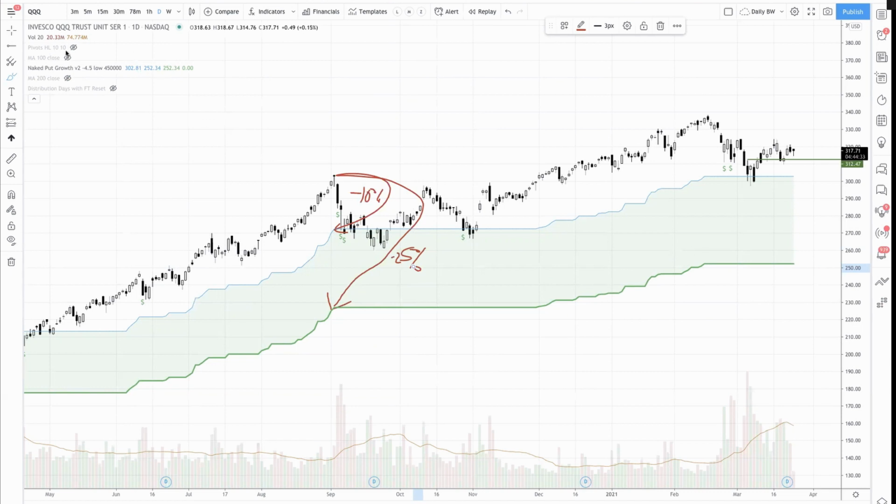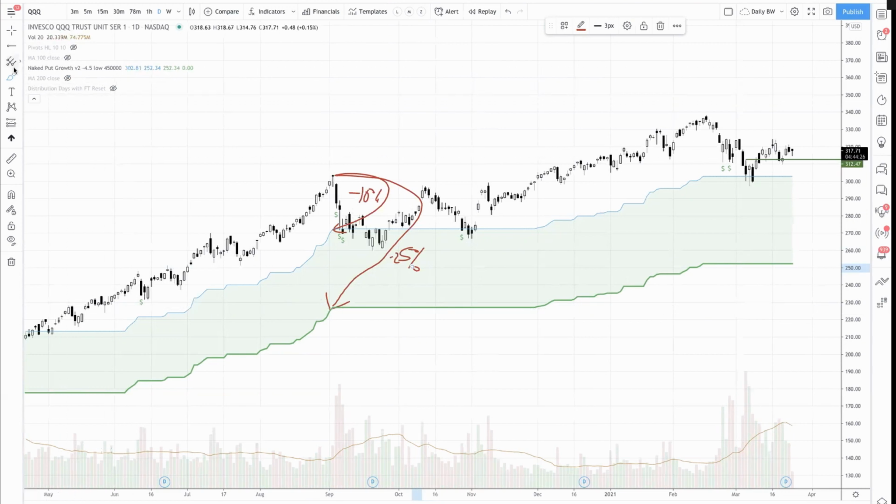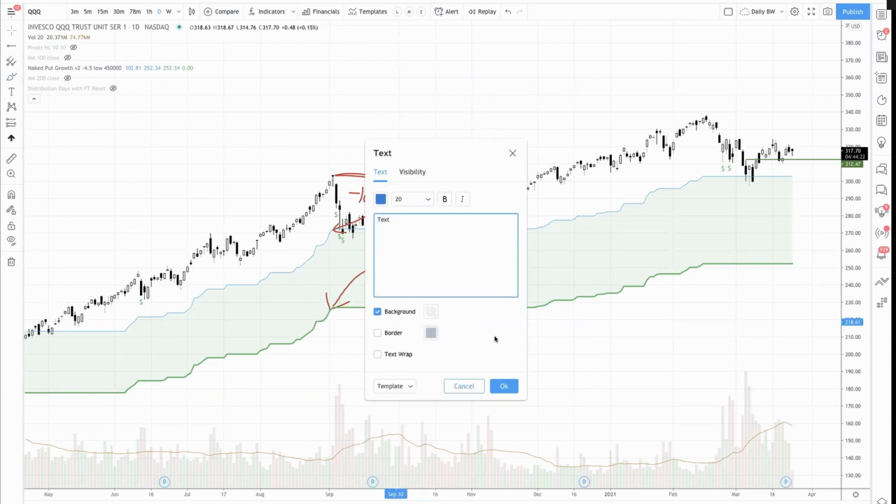And the thick green line is typically what I use for selling puts for my strike price, right? So if I was to type that out here, I would say green line equals strike price.